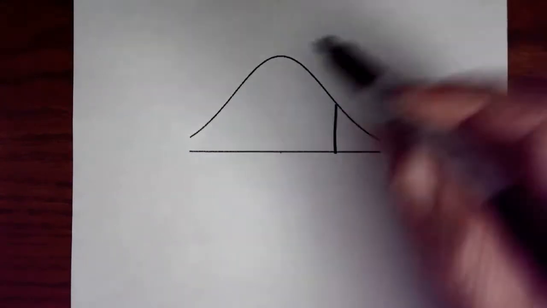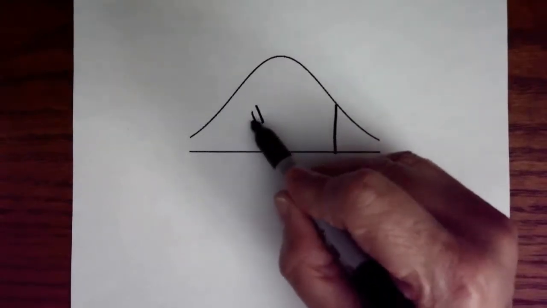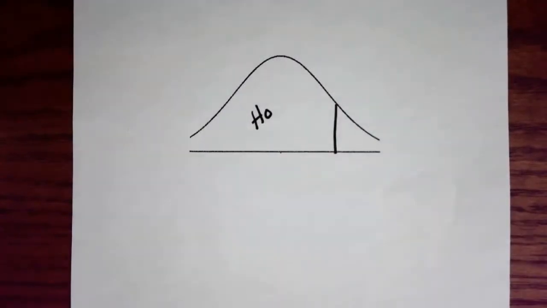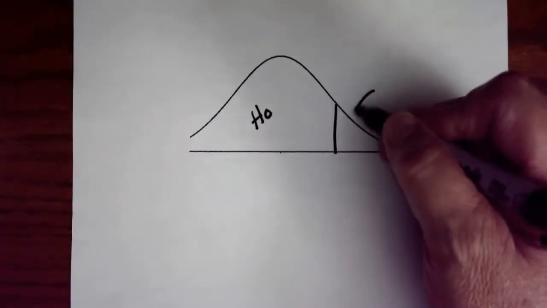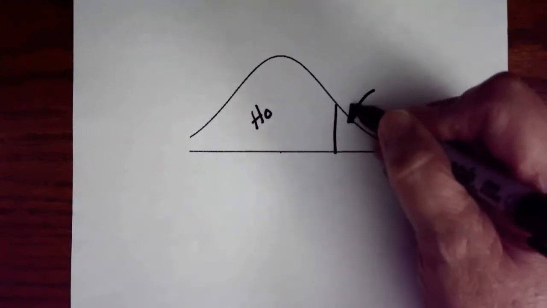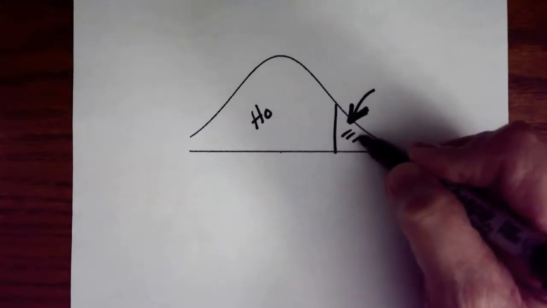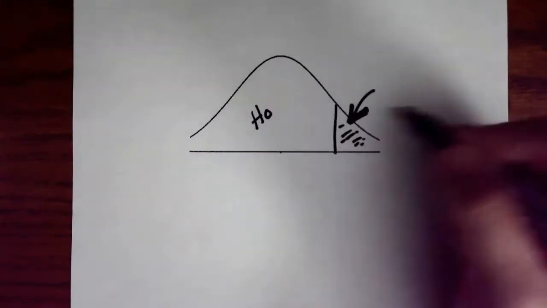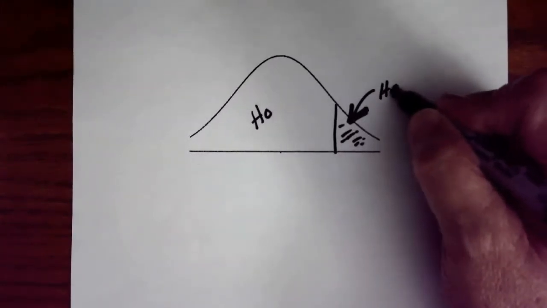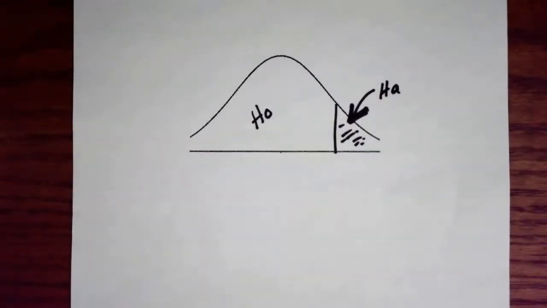So remember, this area right here is going to be our status quo. That's our null hypothesis. Now when we conduct our testing, if our values lead us to this area right here, then we can reject the null hypothesis. This is our alternative hypothesis.